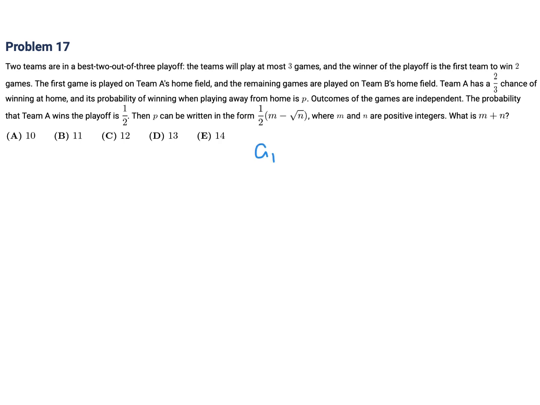So we have 3 games, game 1, game 2, game 3, and then we have our home field, and we have the chance to win, for Team A and Team B. We'll have to calculate these numbers.